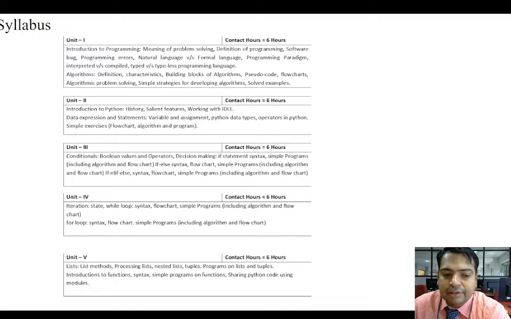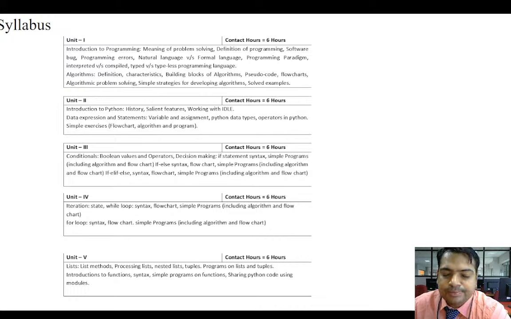And in unit number 5, we are going to study lists, functions, and string formatting. Here, if we want to store different elements which are heterogeneous in nature, then how to deal with them, and if the program is too large, how to convert them into modules. That is what we come across as functions.